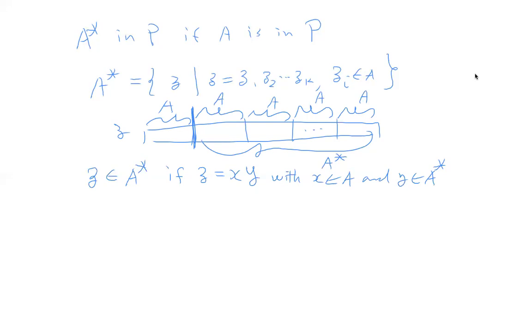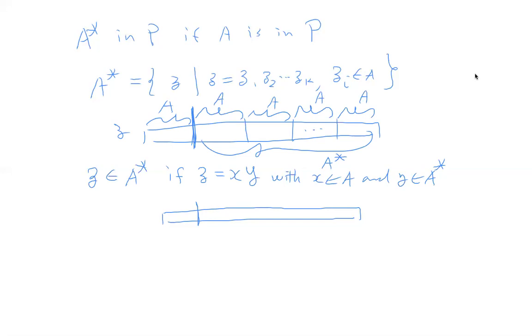So if you're given an input, we first look for a breaking point. This is sort of like the cutting rod problem, right? But in cutting rod, we have an optimization. Here it is not optimization. We just want to know whether this string belongs to A star.